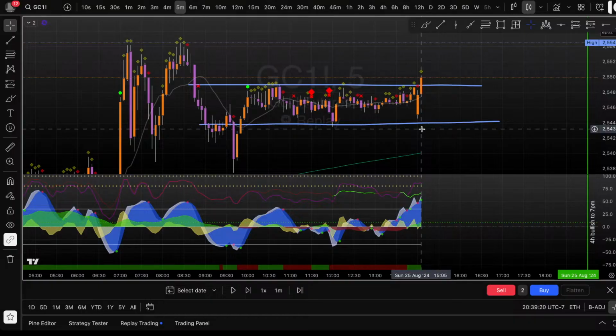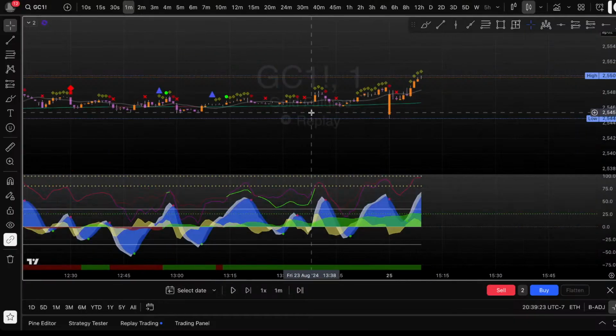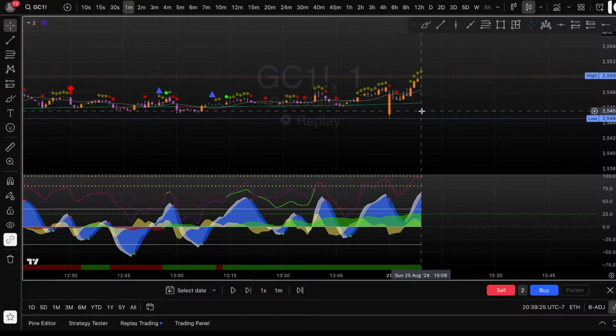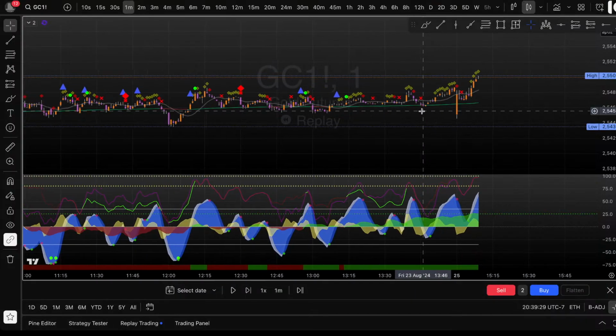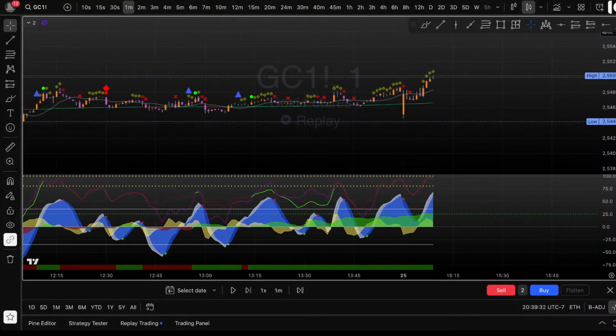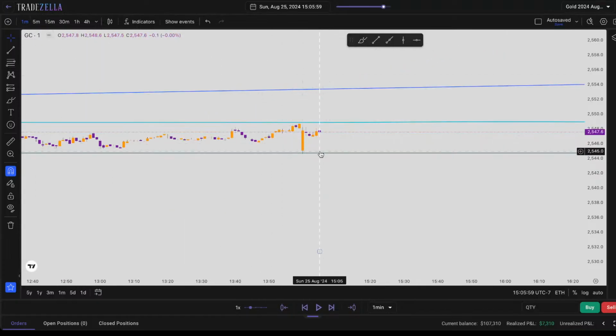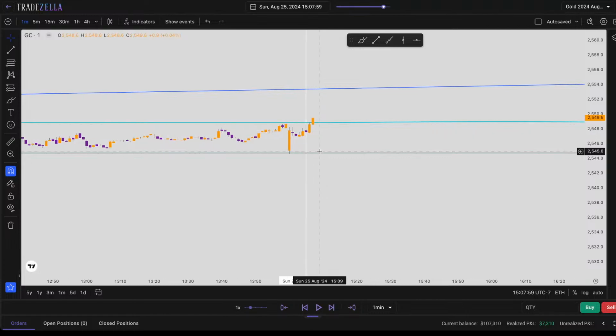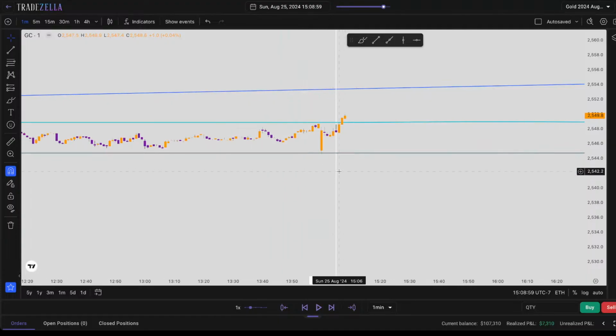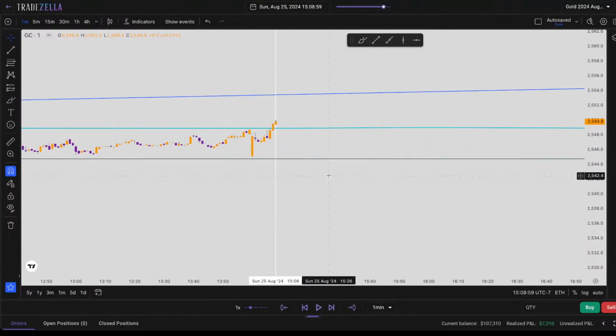So we're at 1509. That's where we are technically, 1509. Basically right here. We're not taking a trade or anything. That's just where we're at.